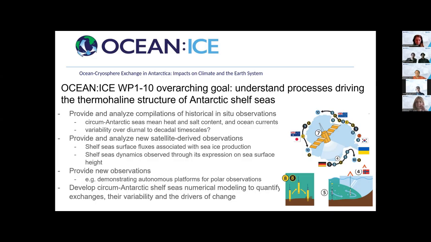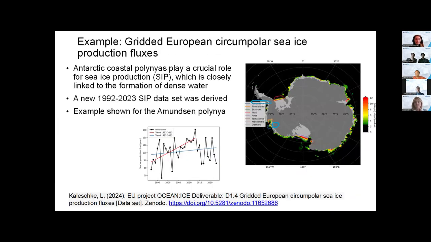And Markus, you're still sharing your slides, so can you go to the next one, please? And so one example product that is already available to the community is the Circum-Antarctic 1992 to 2023 sea ice production data set that was derived from wind observations and sea ice concentration observations.